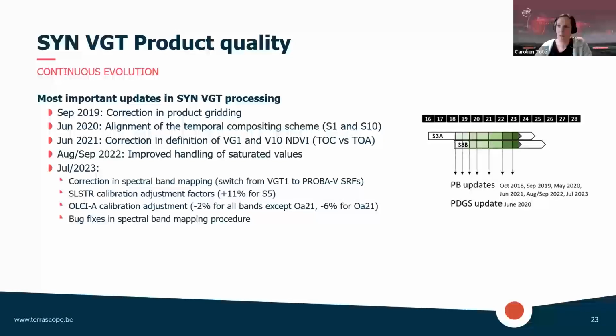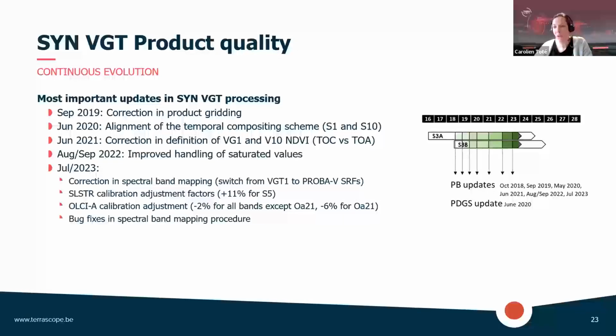They also applied calibration adjustment factors for SLSTR. From vicarious calibration, they now know that the SLSTR sensor measures too dark signals in some of the channels. This was a difference of 11% for the S5 channel, which is the most important one in this case.